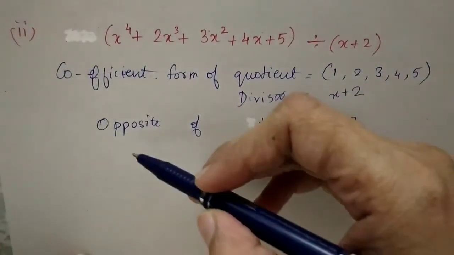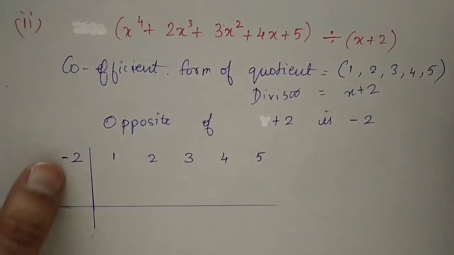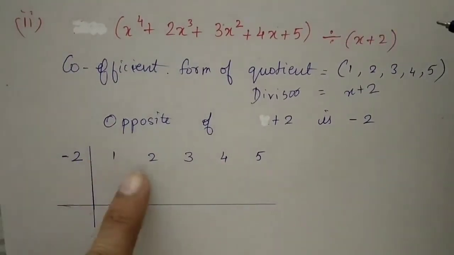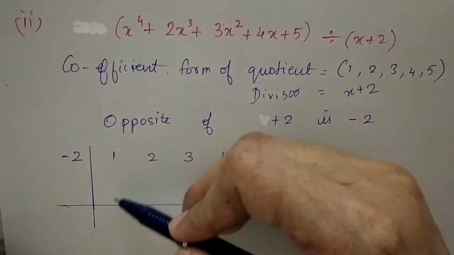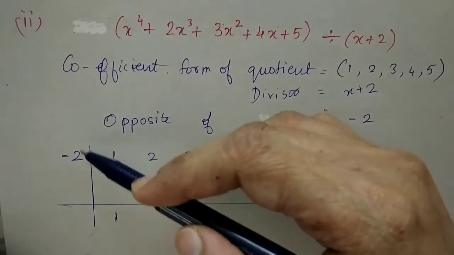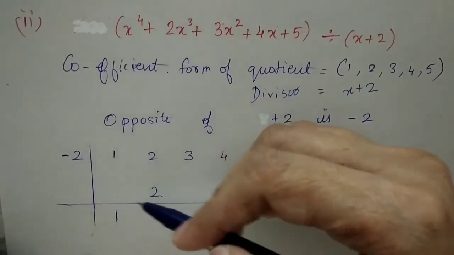After that we will draw these lines. Now, minus 2 I write here, and 1, 2, 3, 4, 5 I write down here. So the divisor we write here, the dividend we write here. Now the first number we always write down here first. Now minus 2 into 1. So 2 ones is 2, and minus into plus is minus.